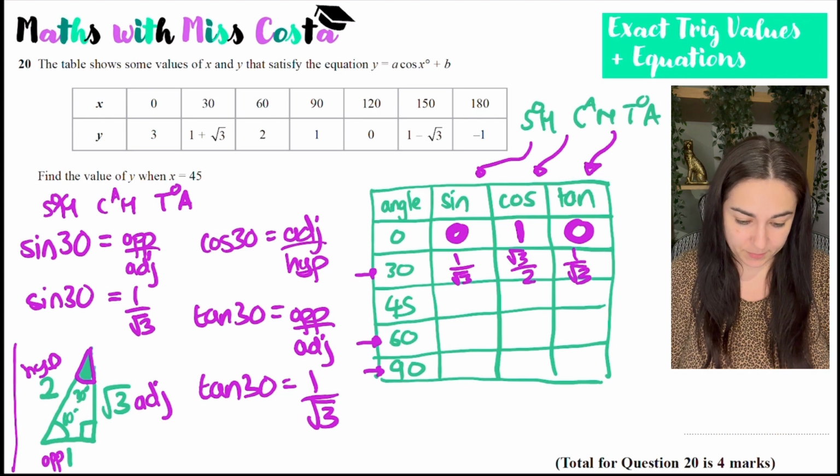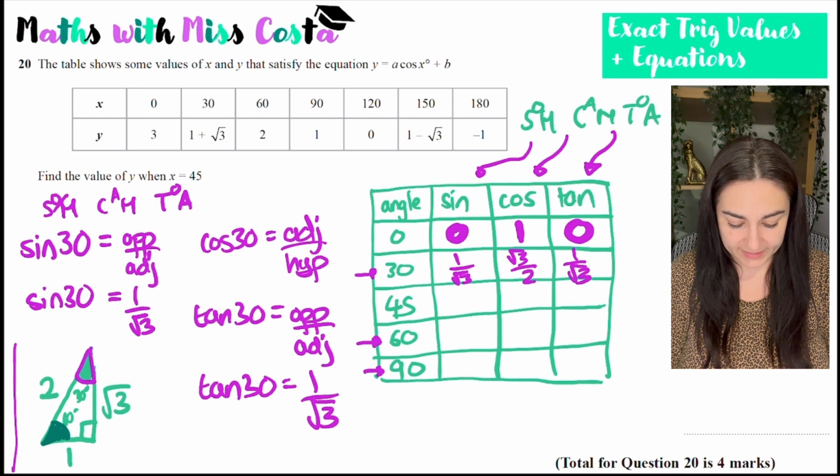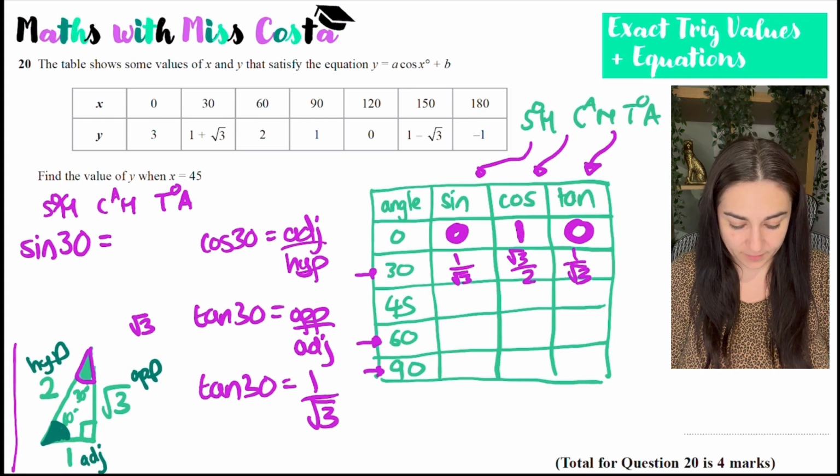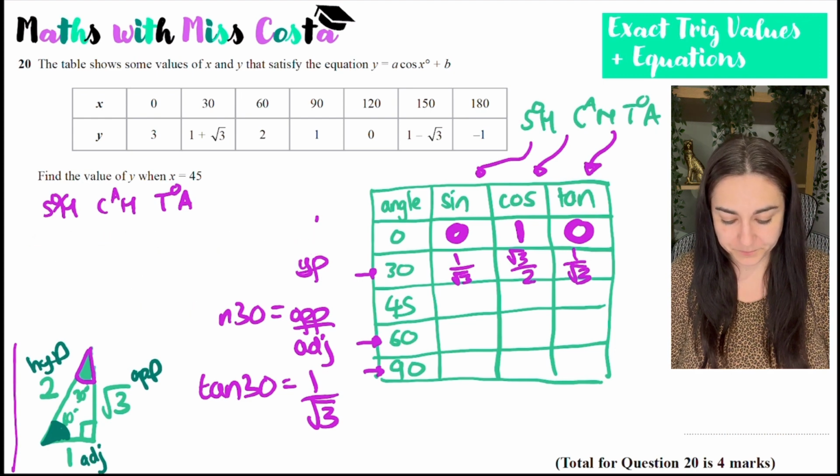Now I can do the same for 60 degrees. I'm going to have to rejig my triangle slightly because the sides are always based on your given angle. So if this is the given angle, this is the adjacent, this is going to be opposite, and this will be hypotenuse. Let's do exactly the same for all of my values.